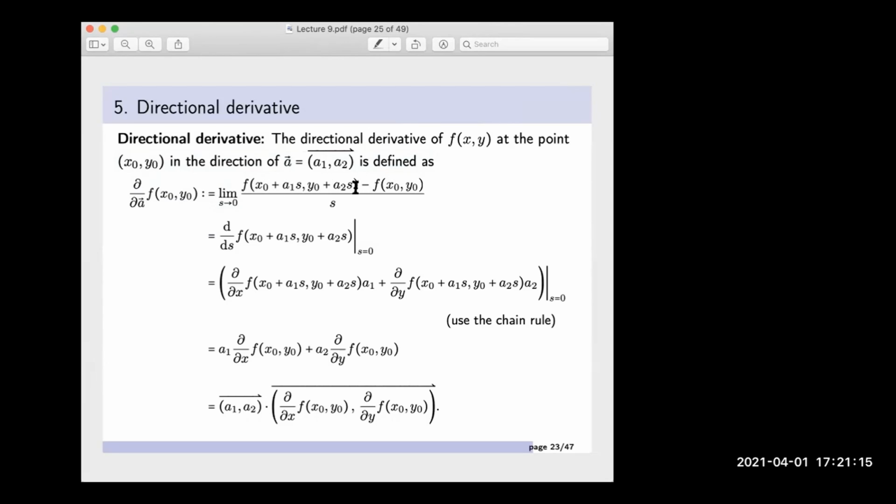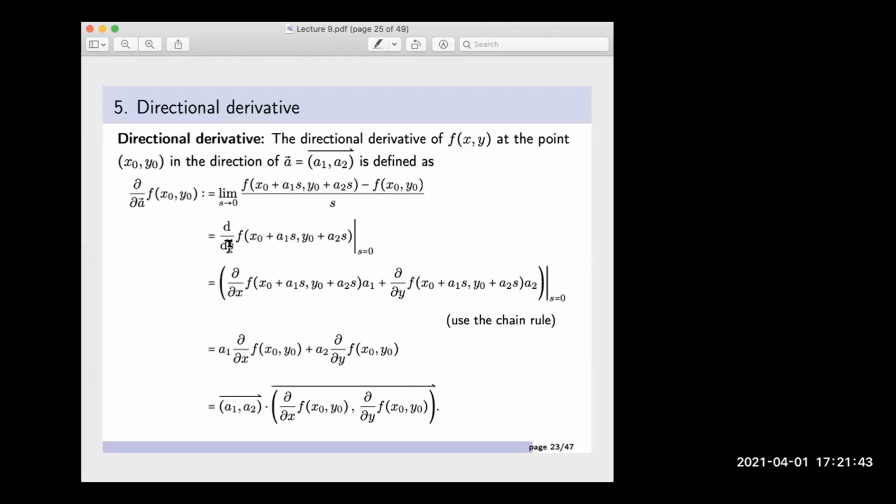The change of function value divided by the distance of change. When the distance of change tends to 0, you get a derivative, and this represents the rate of change in the direction of a. Okay, so on the one hand, it represents the rate of change in the direction of a.